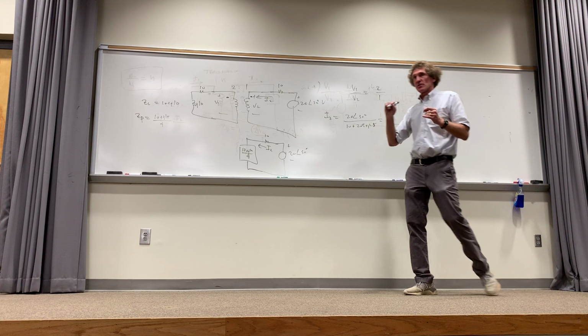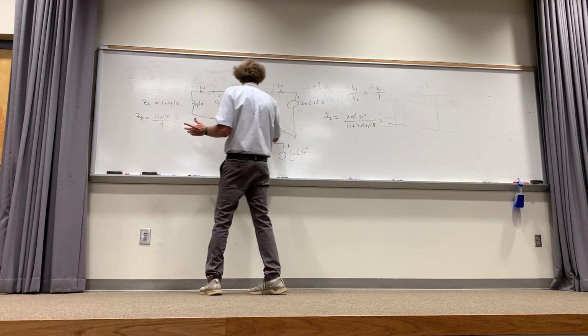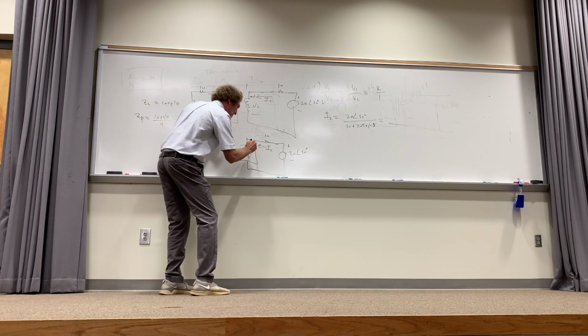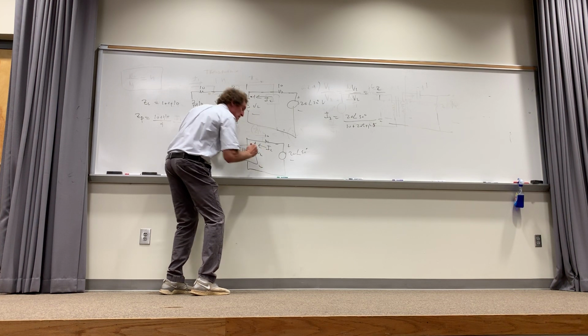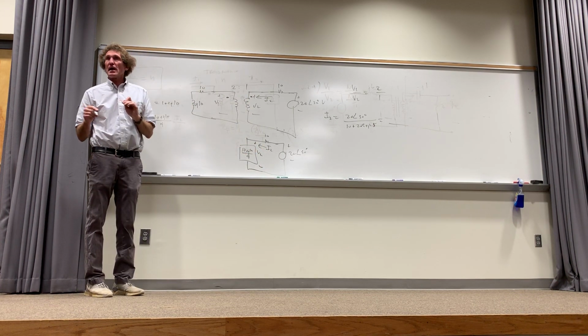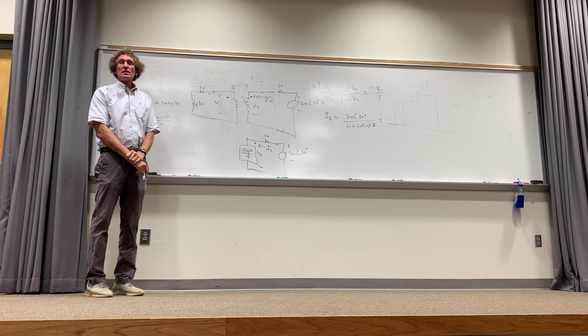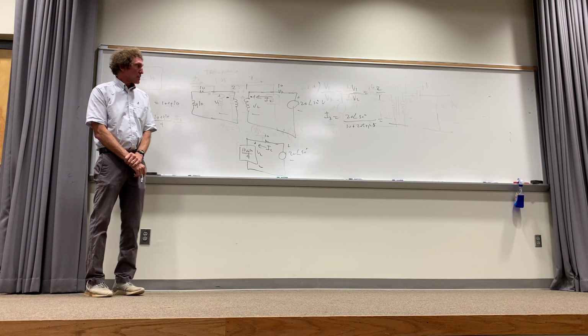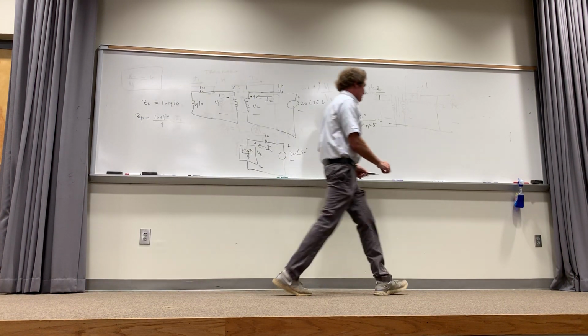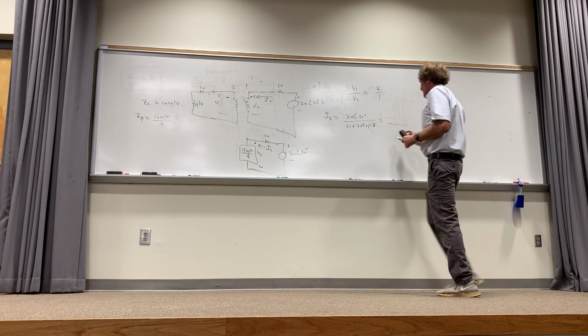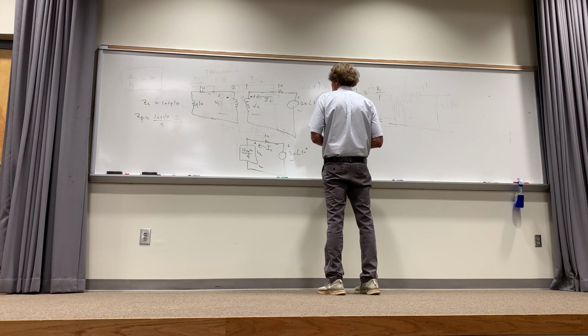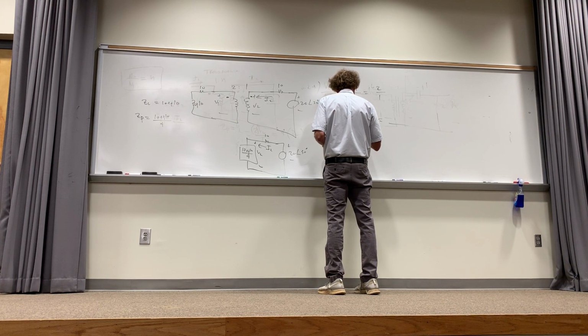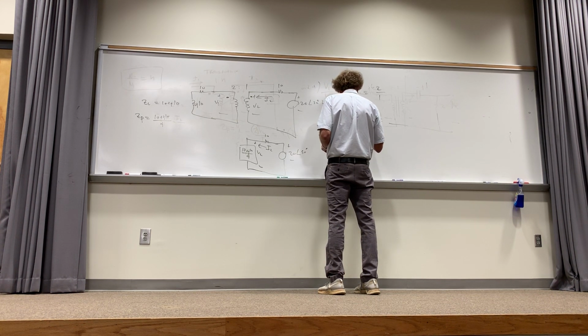Now, what is V2 going to be, right here? Well, V2 is right here, isn't it? If you rewrite the denominator, I can. That is just that impedance, 10 plus J10 divided by 4.